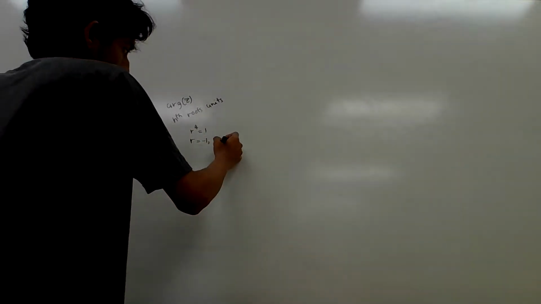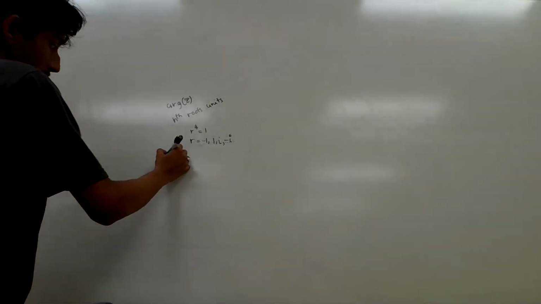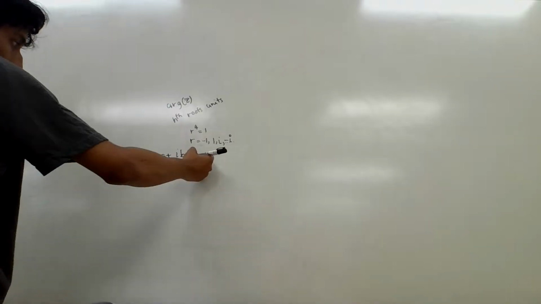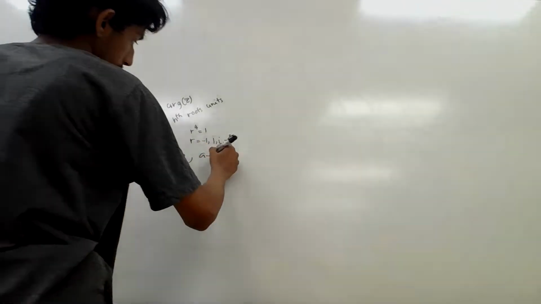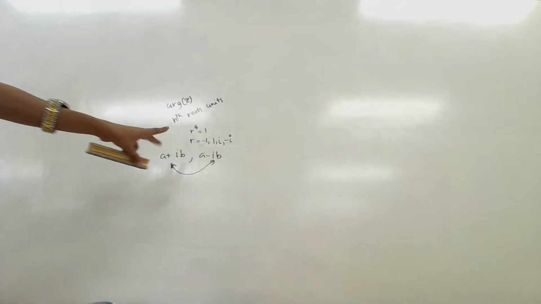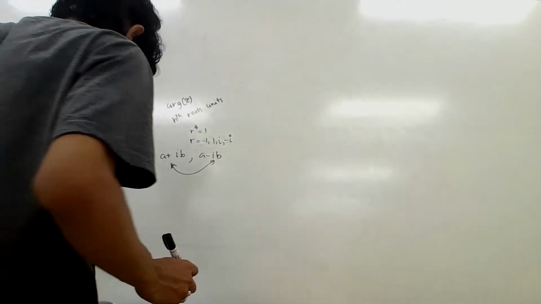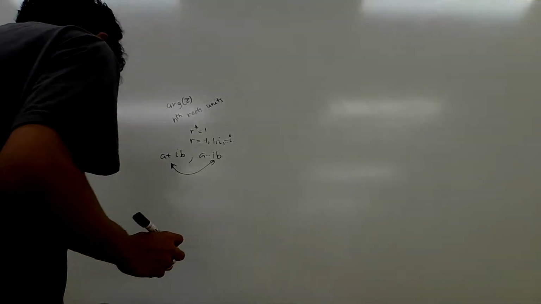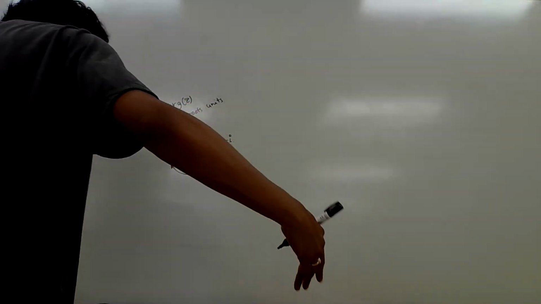For example, iota and minus iota. An important thing is that if a plus iota b is a solution to some quadratic equation, then a minus iota b needs to be a solution too. They always form a conjugate pair, so they will always come in pairs. If one of them is a solution, the other one will also be.